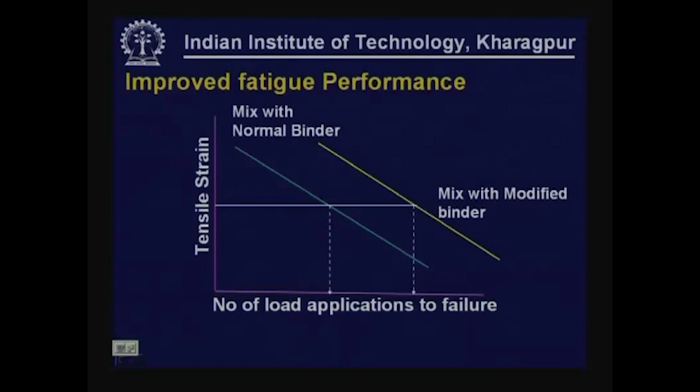The line on the right hand side represents the mix with a modified binder. So, for a given tensile strain, the number of load applications required to cause failure is much smaller in the case of normal binder, whereas it is going to be significantly larger with the use of a modified binder.